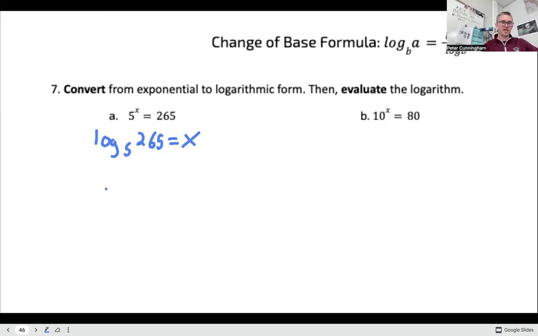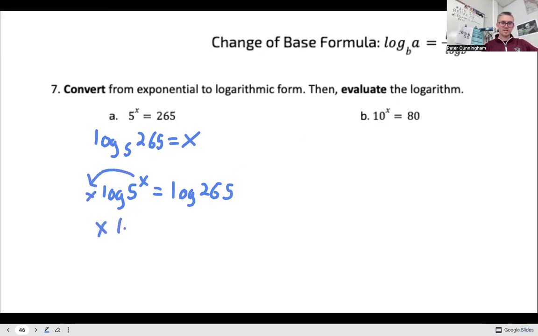But we learned the other day how to solve these. We're going to log both sides. So log of 5 to the power of X equals log 265. The X comes down, right?